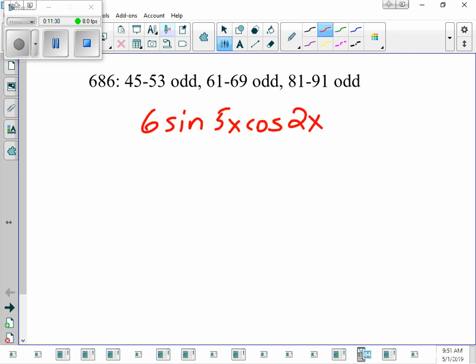Do you guys know where we're looking? Nope. The third one is cosine times cosine. It's the top one.